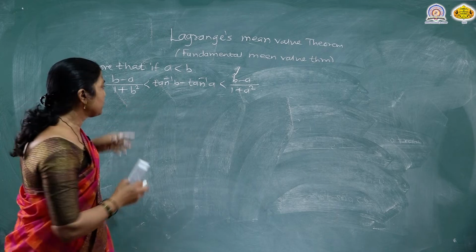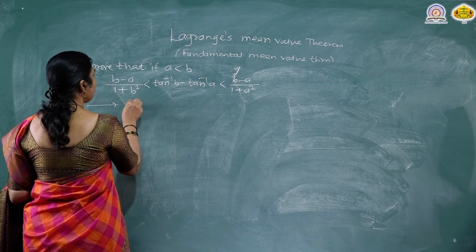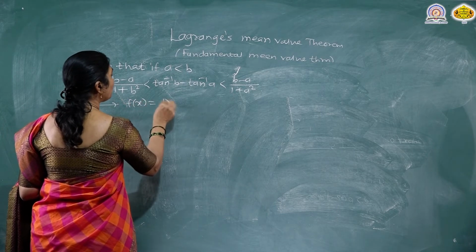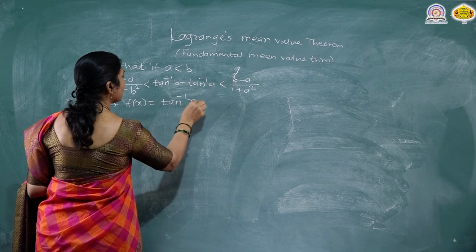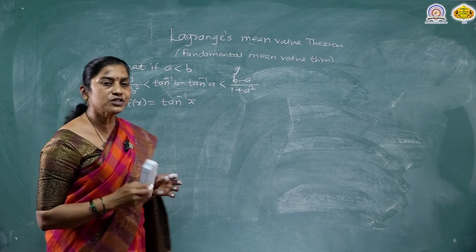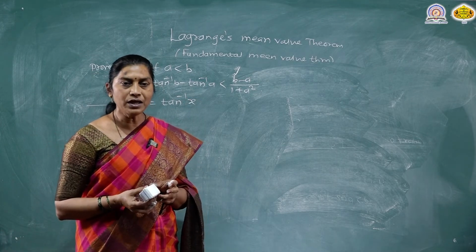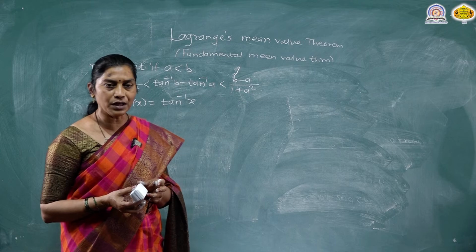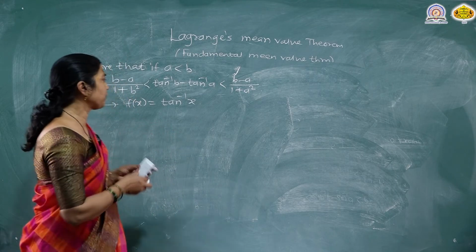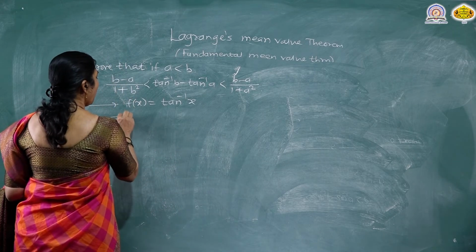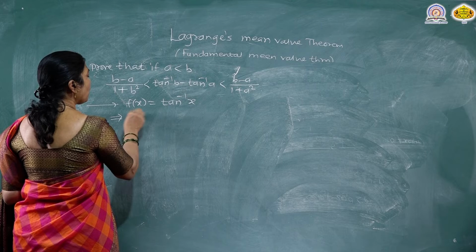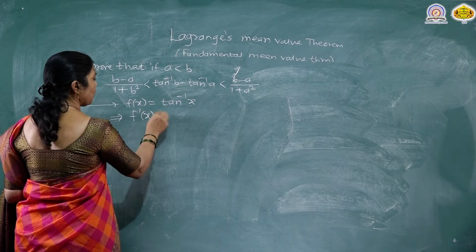To prove this, we will start with f(x). f(x) is equal to tan inverse x. Again, the function is continuous on the closed interval [a, b] and derivable in the open interval (a, b), being an inverse trigonometric function, and therefore f(x) satisfies the conditions of Lagrange's mean value theorem.